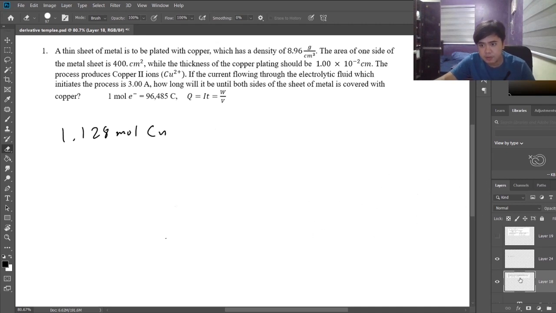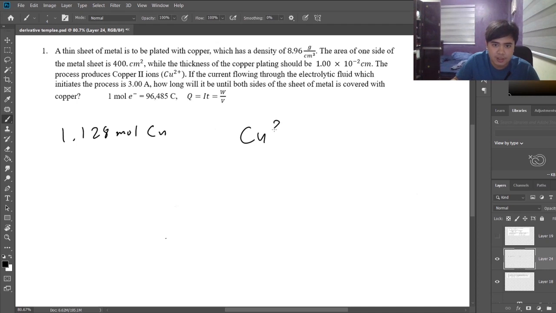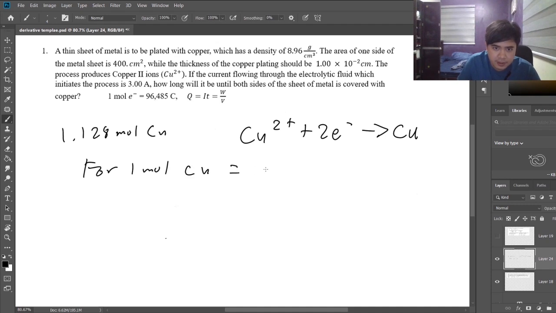So what do we do with this? Well, we first find the half reaction of the electrolytic reaction. The half reaction is copper 2+ ions plus 2 electrons to get copper. So 1 mole of copper is equivalent to 2 moles of electrons.